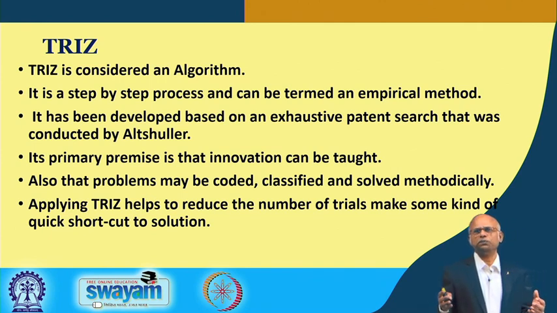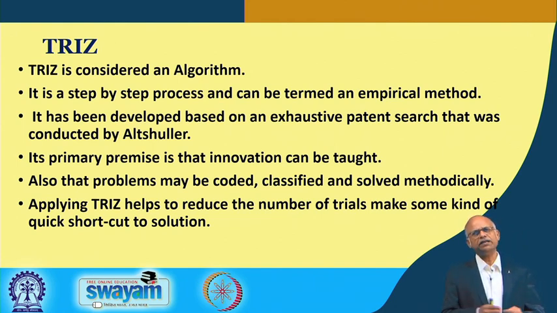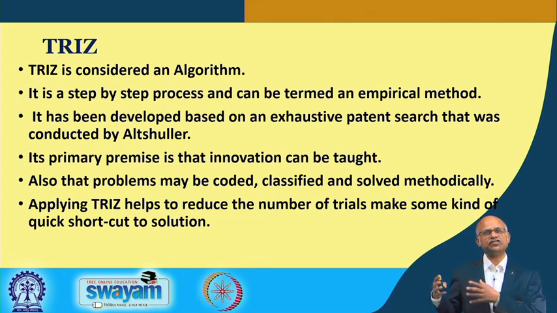Altshuller was a Russian, and he was exploring patents for a long time, particularly the abstract of the patent. People say that he actually evaluated 4 lakh patents, something like that. While exploring the patents, Altshuller realized that there is a pattern of invention, meaning all the inventions can be classified into separate clusters.